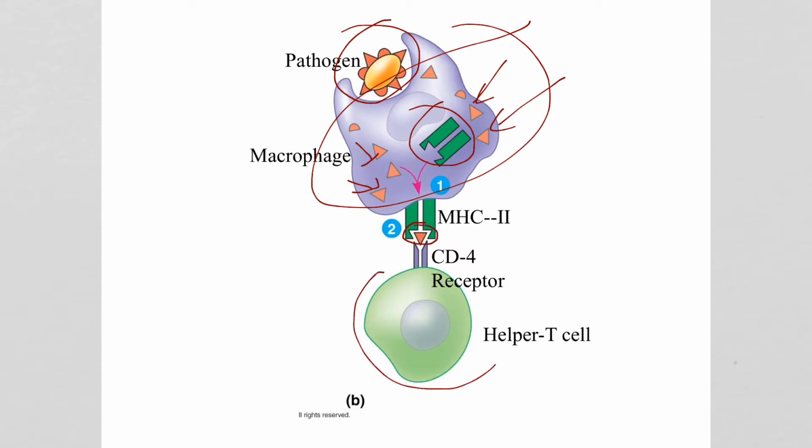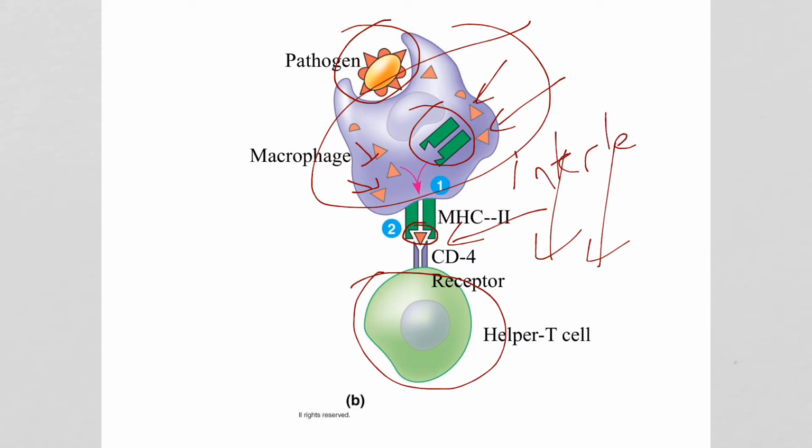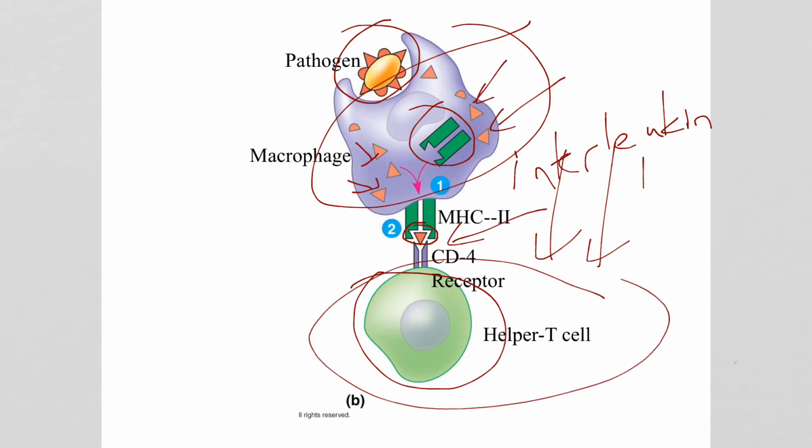A helper T cell with a receptor called a CD4 receptor, a receptor that can attach to and bind to this specific antigen, will attach. And once it does, with the help of signals released by the macrophage called interleukin-1s, this helper T cell becomes active.